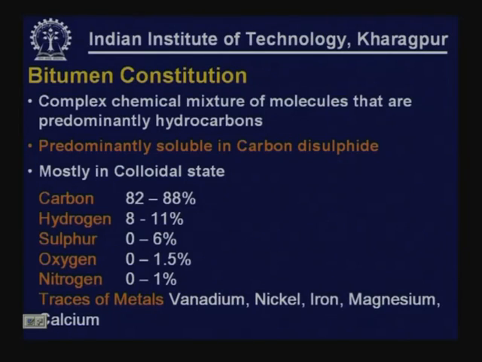Bitumen is a very complex chemical mixture of molecules that are predominantly hydrocarbons. It is normally very difficult to find out the exact composition of bitumen, and for most practical purposes, as far as pavement engineering is concerned, knowing the exact chemistry of bitumen has not been found to be of great importance, because the performance has not been significantly correlated to the bitumen chemistry.